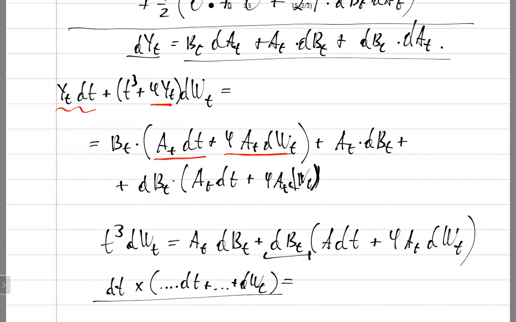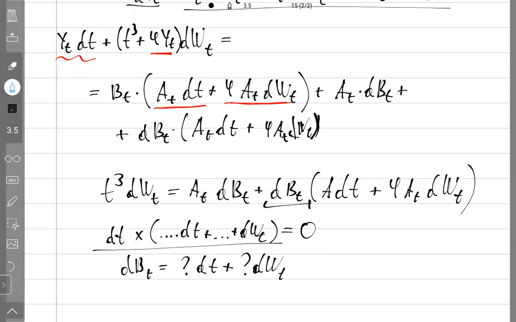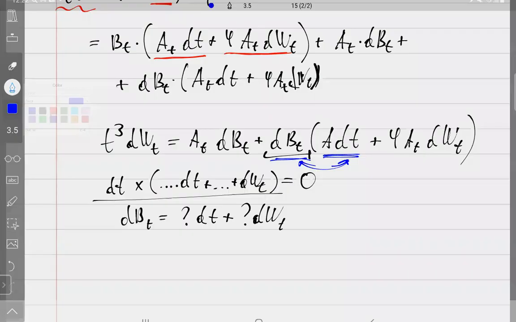And dBt is something like dt plus something like dwt. So I see that this term and that term, the product, symbolic calculations will be 0. Okay, that's much simpler.